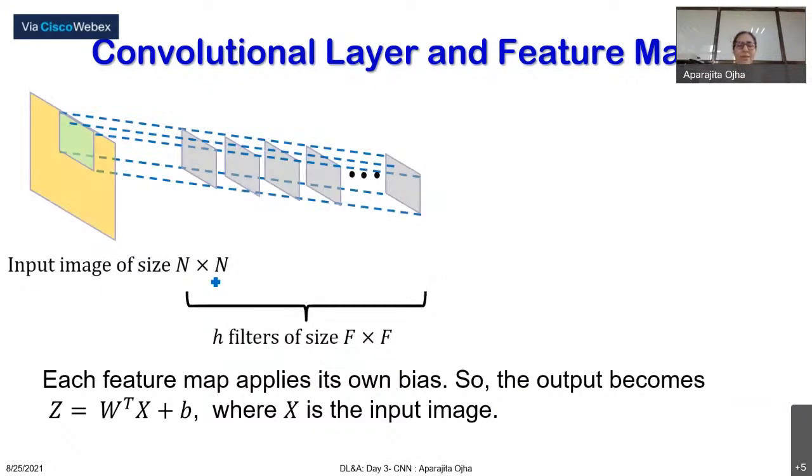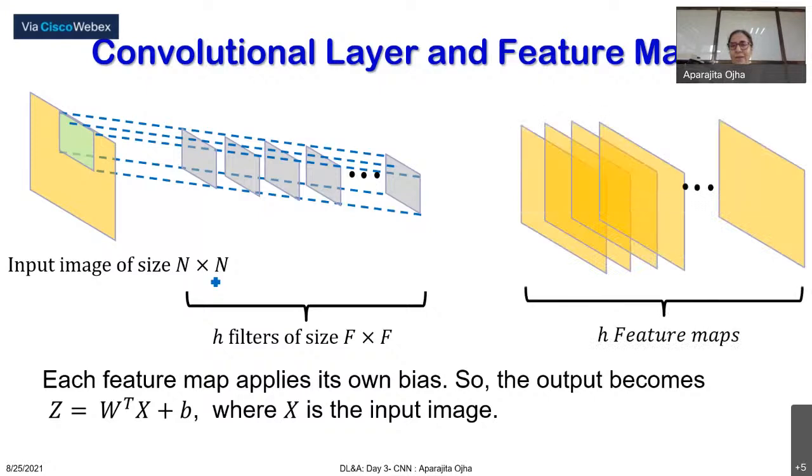So let us consider this input image of size n cross n. And suppose there are H filters of size f cross f. Somebody was asking, is it necessary to take 3x3? I hope I have answered your question. Not necessarily. H filters of size f cross f will produce H feature maps irrespective of the depth of the image. Please mind you, I'm saying irrespective of the depth of the image.